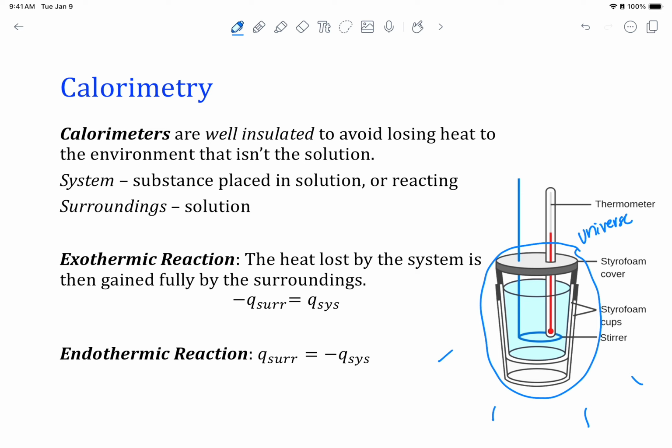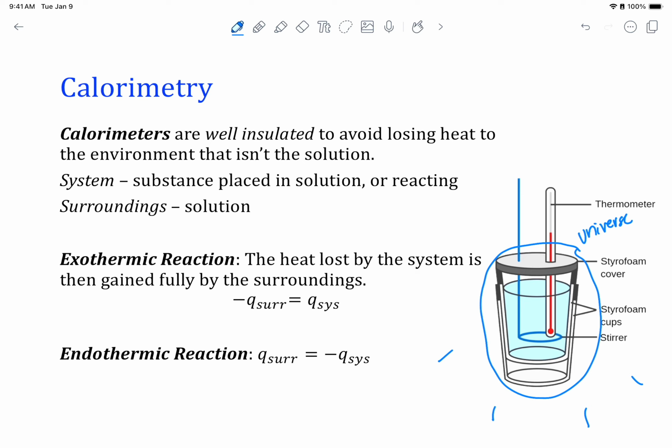And the delta T's, since we're using final minus initial, end up working out to show us the negatives on whichever side they're needed. So as long as you're keeping your delta T's, your finals, and your initials correct, and remembering that the negative just means that the heat is being transferred and is opposite of the other, then you are good to go.